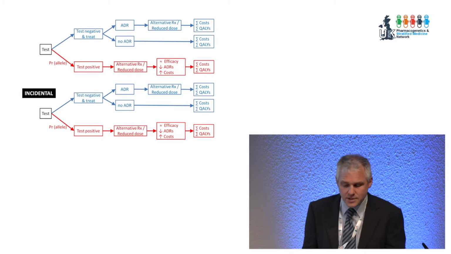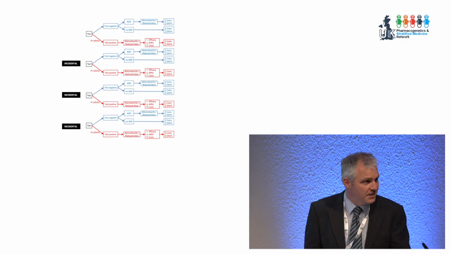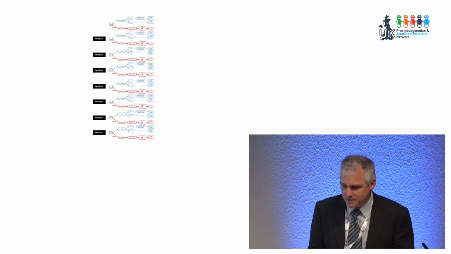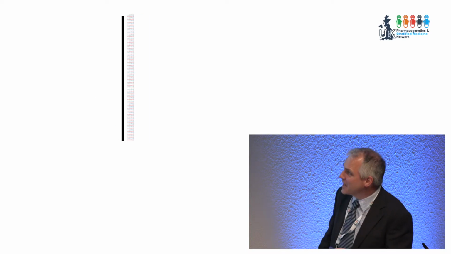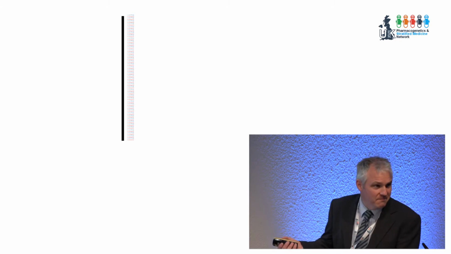And so you get these additional results for free. And if you increase the size of the panel, then you get more results for free. And the more that you include, the more cost-effective it becomes. And ultimately, it's whole genome sequencing, ultimately.